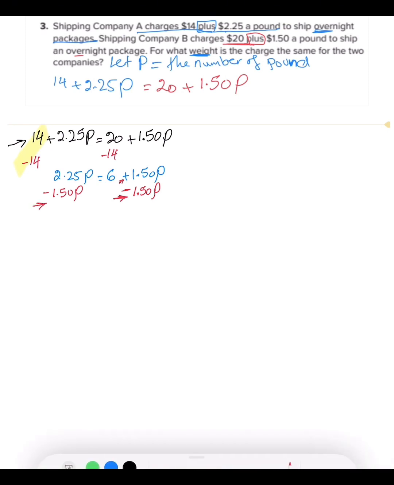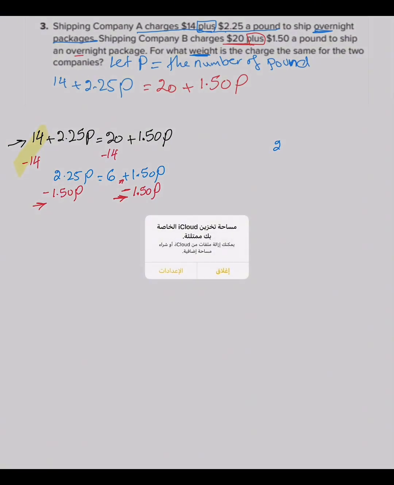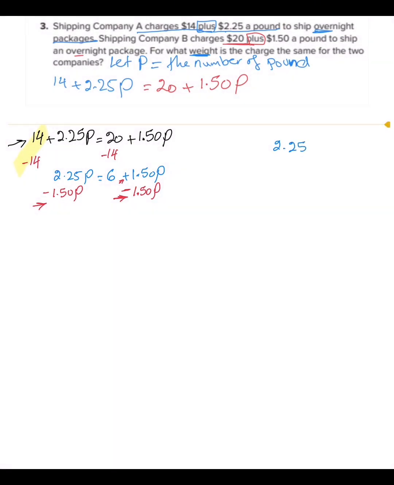Okay, what we have on the first side: 2.25, I will put it there, 2.25 minus 1.50, number under the number. 5 minus 0, 2 minus 1, this is 12, 12 minus 5 is 7, and 0. So on the first side we have 0.75p equal 6.